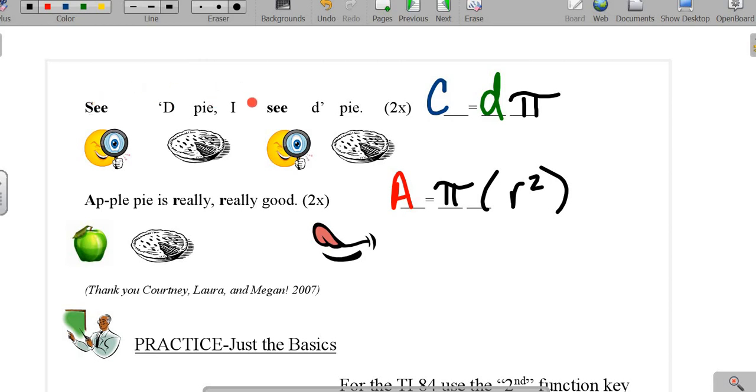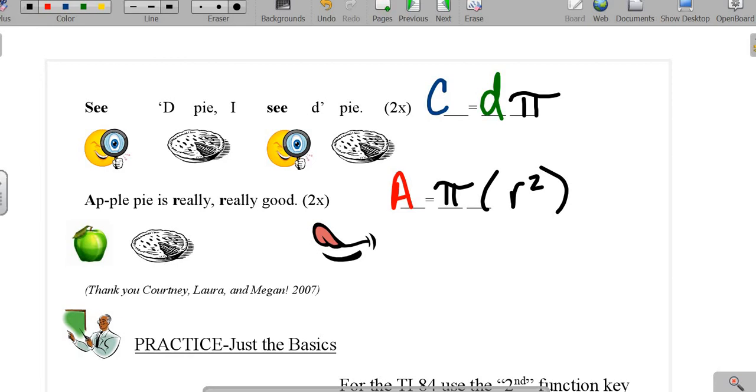C d pi, I see d pi. Apple pie is really, really good.